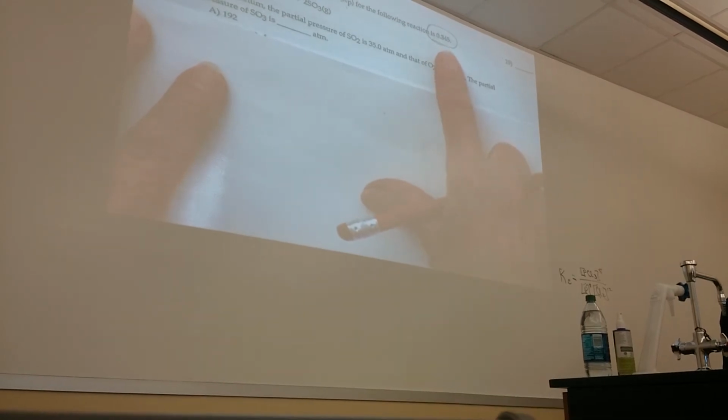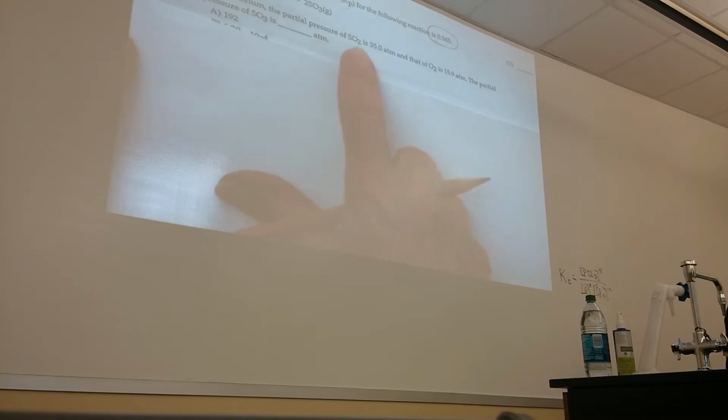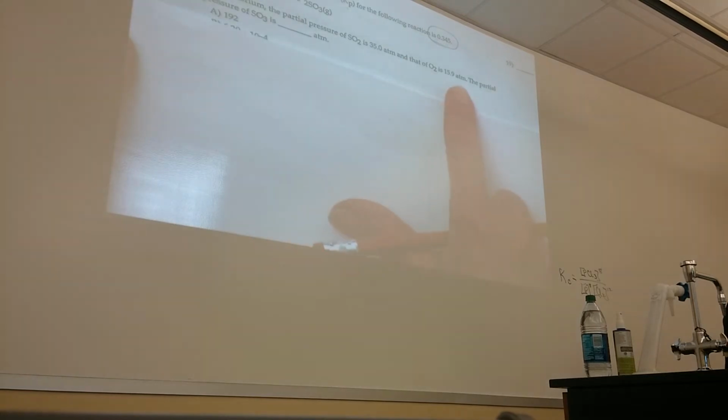At 900 Kelvin, the equilibrium constant Kp for the following is 0.345. Now that first sentence, really all I want out of it is the 0.345. At equilibrium, the partial pressure of the SO2 is 35 atmospheres. That of oxygen is 15.9 atmospheres. The partial pressure of SO3 is 1.